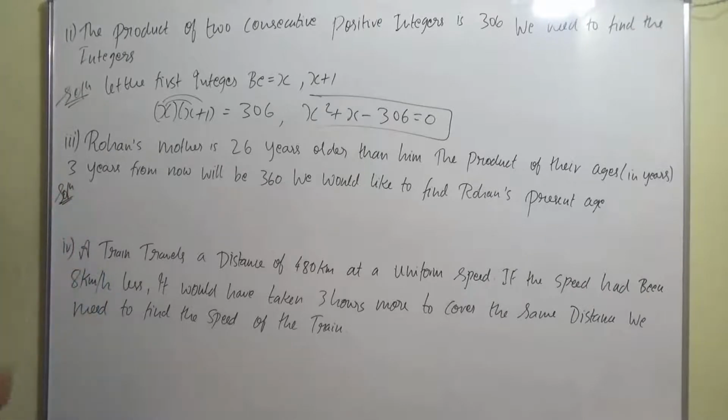Third sub question says Rohan's mother is 26 years older than him. The product of their ages in years 3 years from now will be 360. First we have to formulate, right?